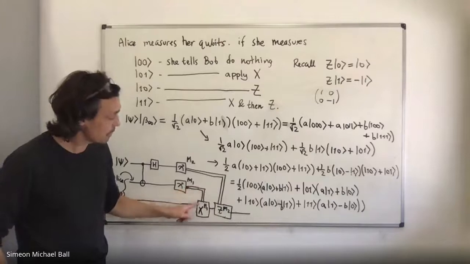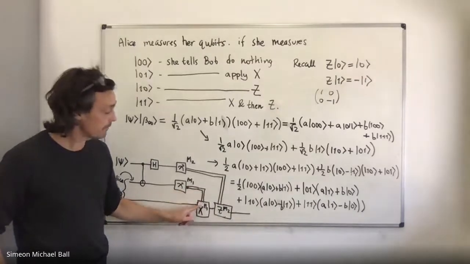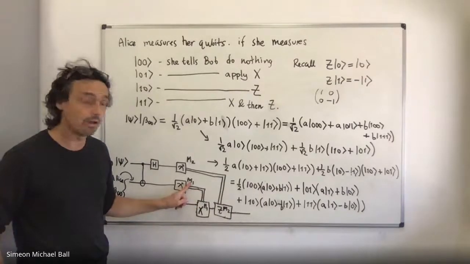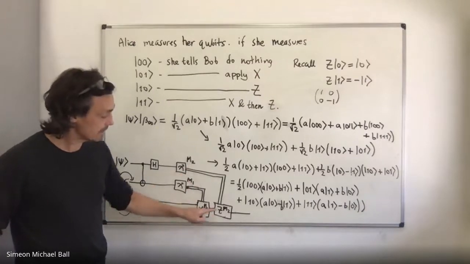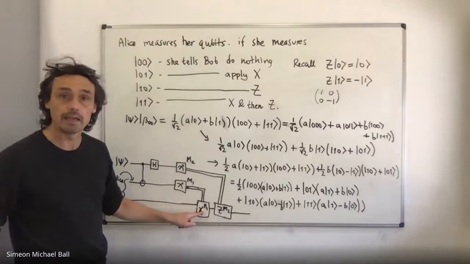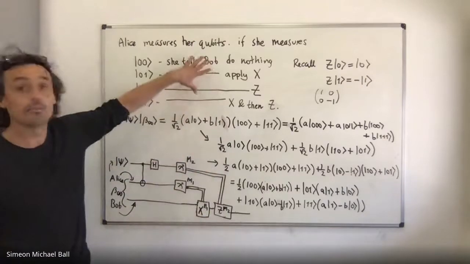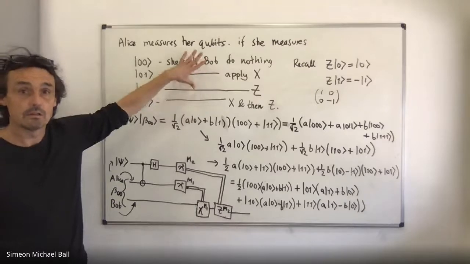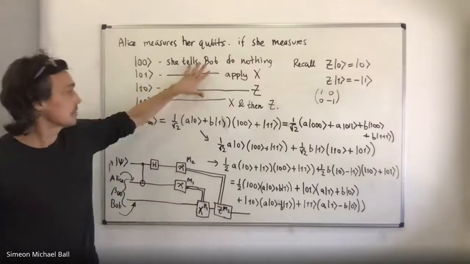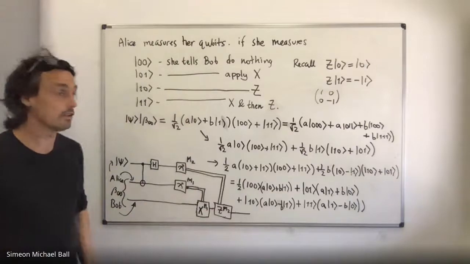So this graphical wire is passing a piece of information, that's the result of M1 and the result of M2. And if it's 0, then this is the identity, and if it's 1, apply X. So it's just a fancy way of writing down what I've written here in words. Okay, so that's just that done as a circuit.